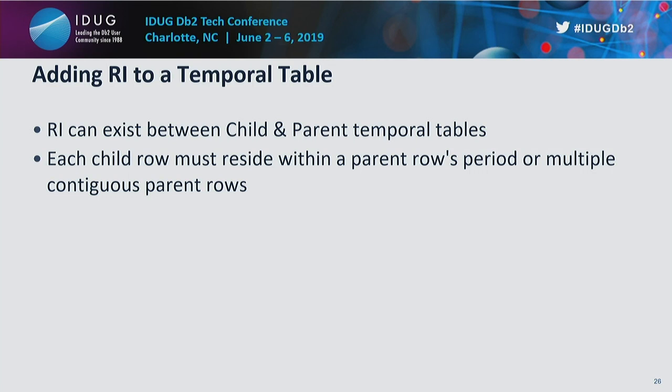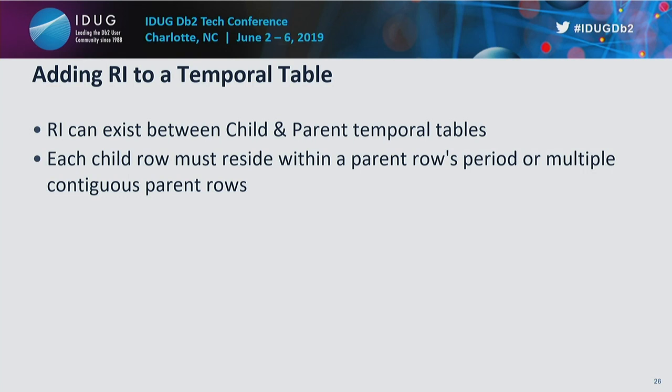For every row in a child table, you must have one or more corresponding rows in a parent table, and they must exist with a matching key. And also the parent rows must completely cover the child when that child row is valid. So you can't have a parent that ends before its child, whereas in a regular DB2 table, so long as a parent row exists, you can have child rows.